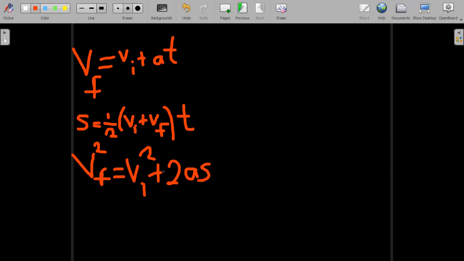Okay, the other one. Displacement is equal to initial velocity times time plus half acceleration times time squared.